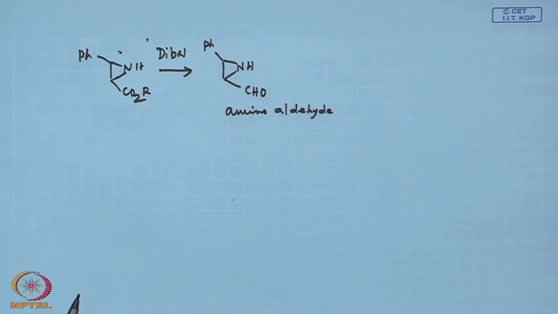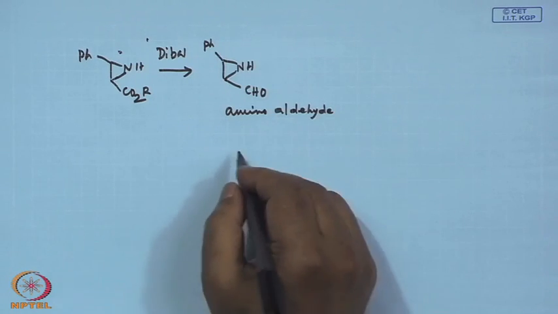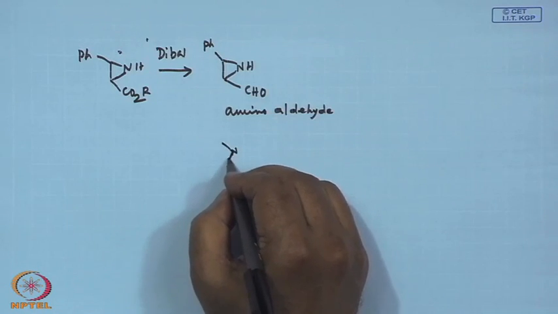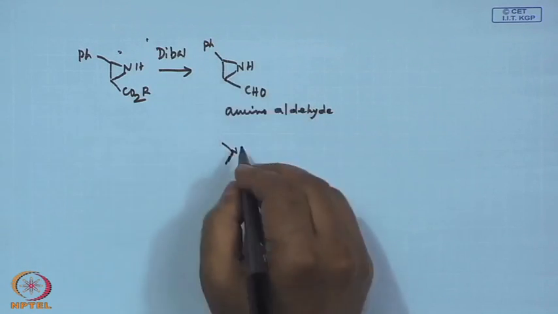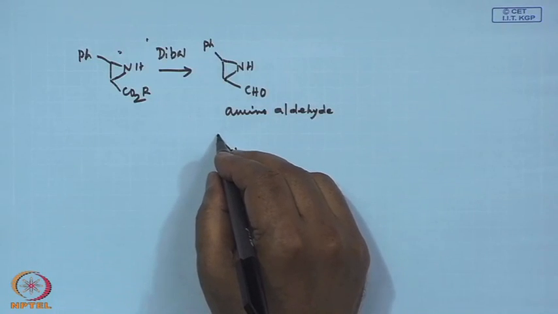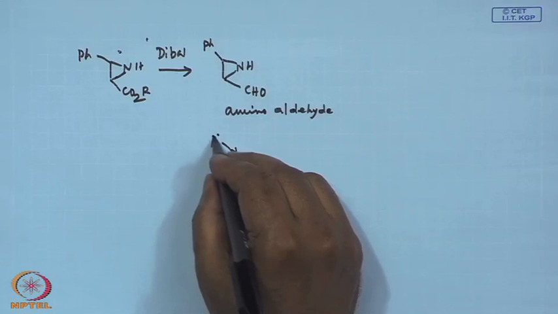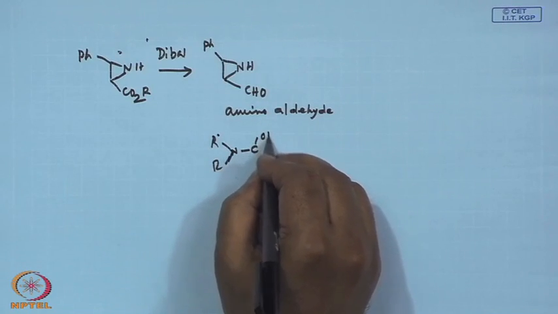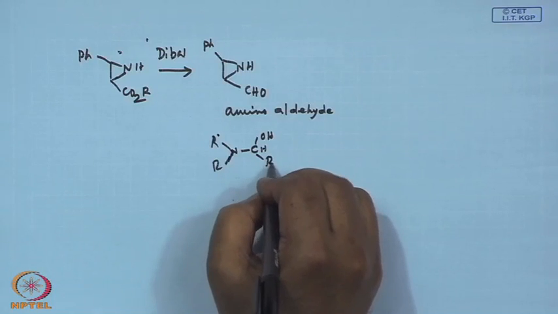Well, let us say you compare with an open chain compound, that is what you have to do. It is a cyclic compound, now you have to compare with an open chain compound. Open chain compound, if you have an amine, and then let us say you react with aldehyde. So, what would you expect? You said amino aldehyde, right.